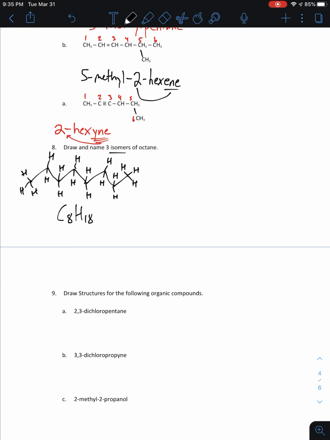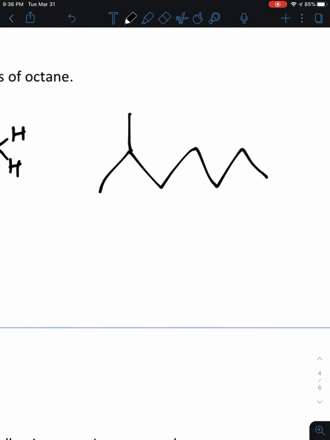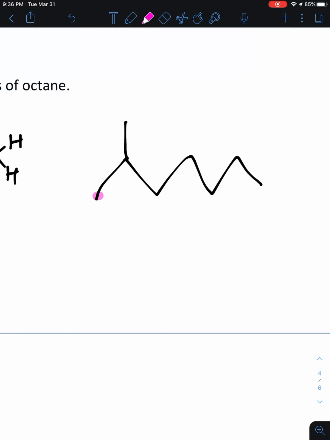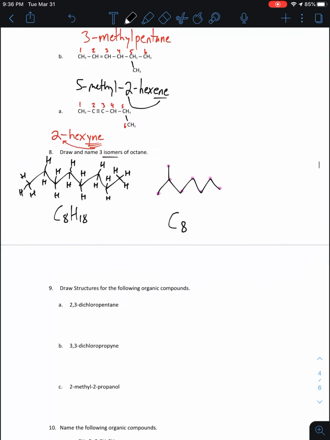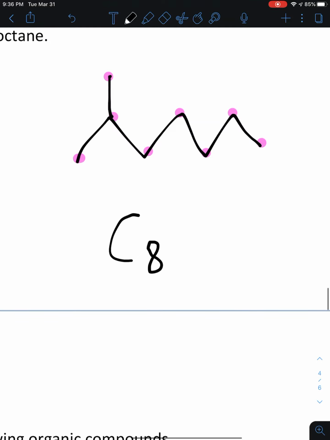Now, isomers, there's different types of isomers, but I've talked about isomers as in the same formula with a different structure. What if we had, you can count these carbons up. There's 1, 2, 3, 4, 5, 6, 7, 8 carbons again. And if we were to draw our hydrogens, what you'd find is that there's actually 18 hydrogens once again.